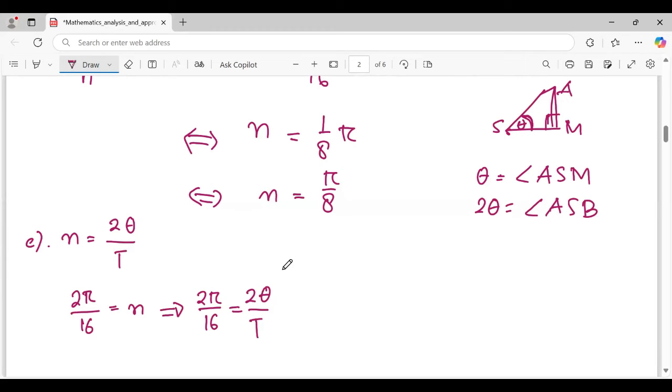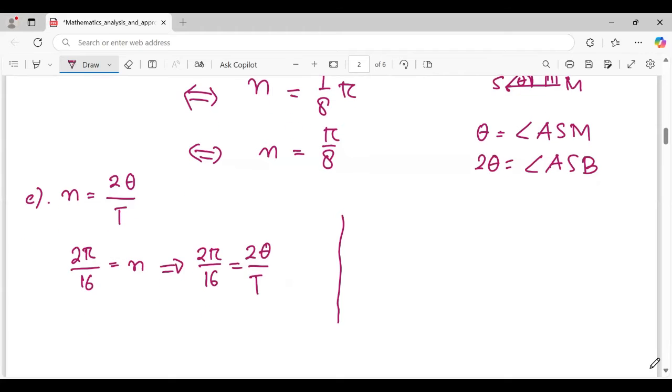But we are going to find theta first, and we have to convert theta into radians. I'm going to use cosine.